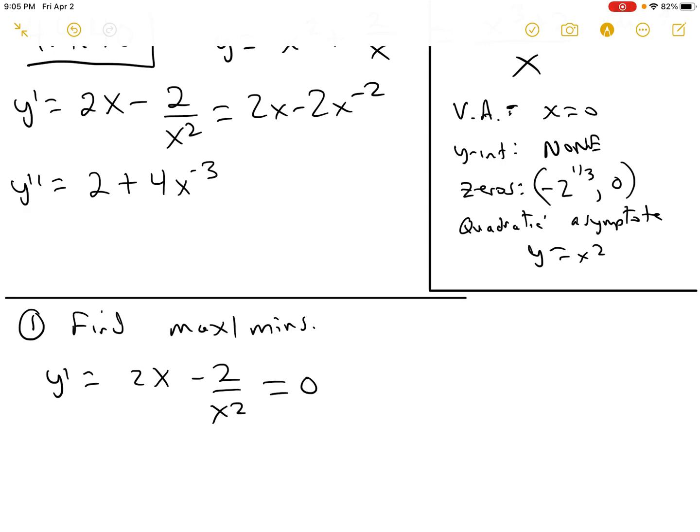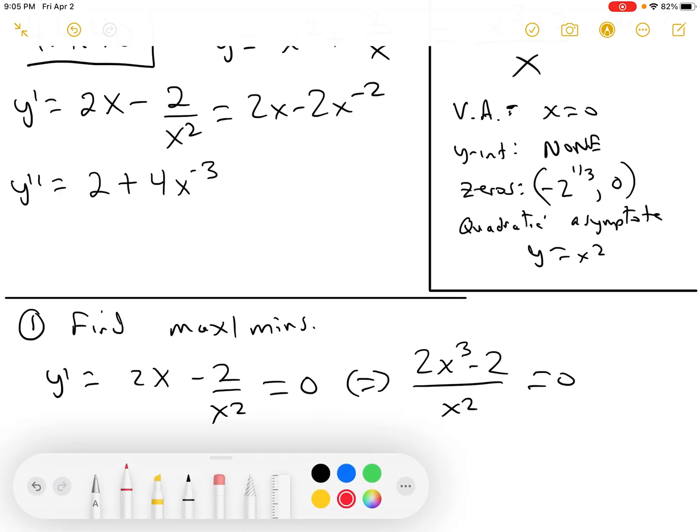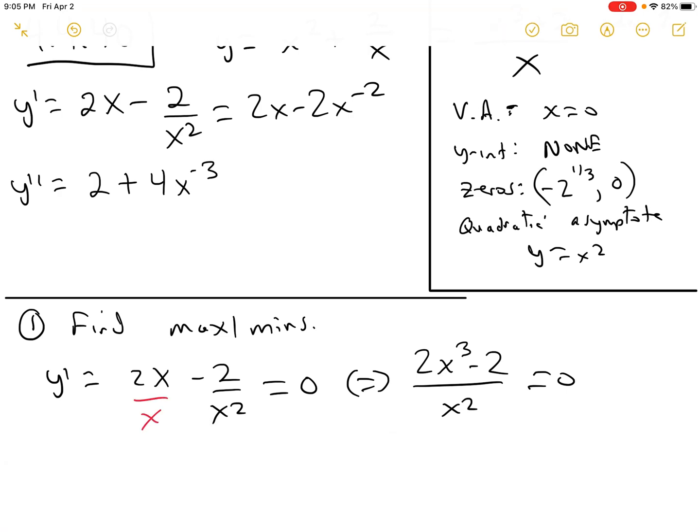And we set this equal to 0, and that's true if and only if 2x cubed minus 2 over x squared equals 0. Finding a common denominator, which is x squared, and it gives us the x cubed on top.